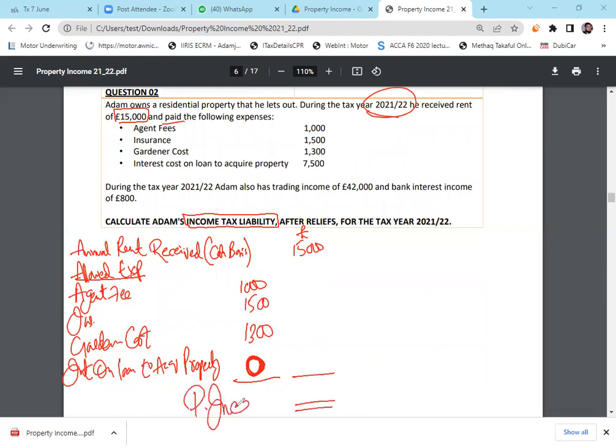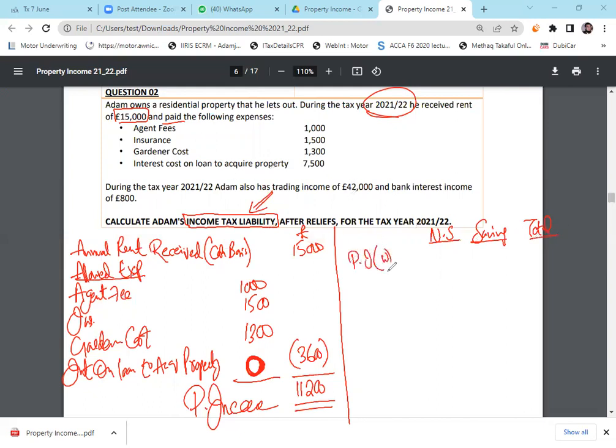And we do have property income. The total of expenses is this, and 11,200 is my property income. But in this question, they didn't ask you to calculate property income. They asked us to calculate income tax liability, means non-savings, savings, dividend, right? Yes. In this question, there is no dividend. Property income, we just calculated 11,200.